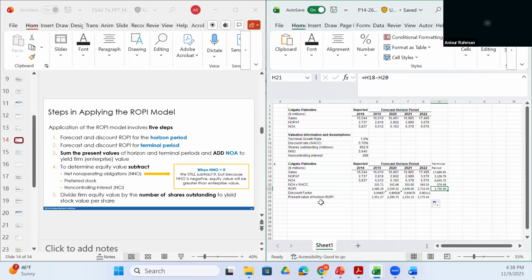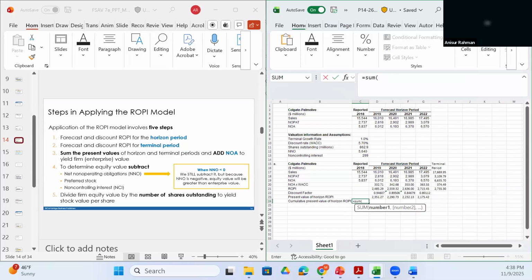Before I do that, I also want to calculate the cumulative present value of horizon ROPI. What that basically means, what is the sum of all this horizon ROPI?